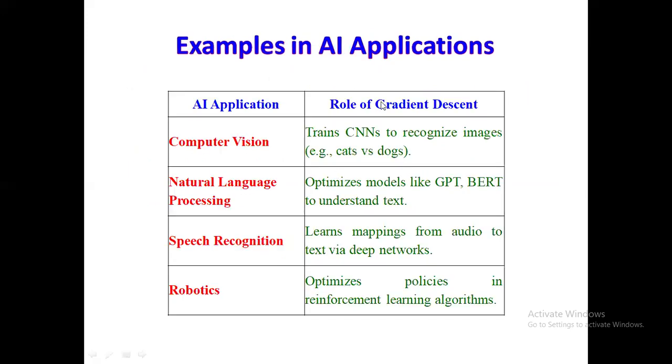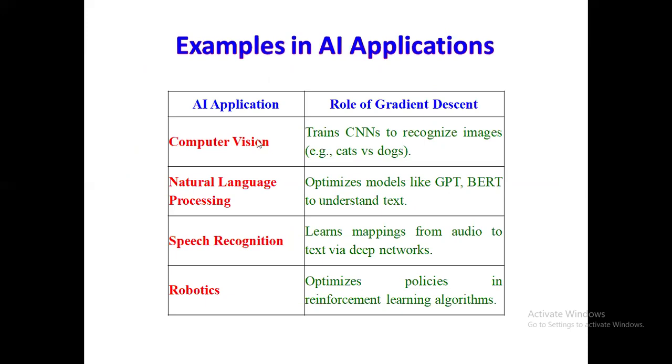Next, this is the example of AI applications. The power of gradient descent can be seen in a wide range of real-world applications.